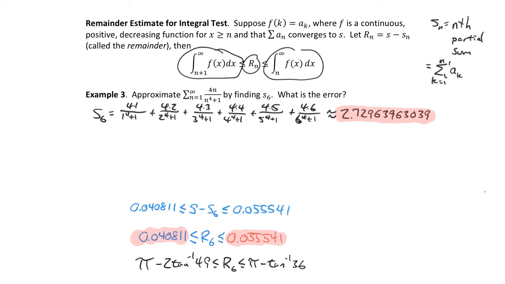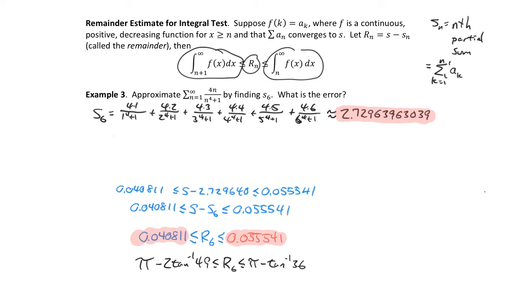First, let's represent what R6 is. R6 is the difference between the true value that we do not know and the partial sum that we calculated. Well, let's replace S6 with what we had for the approximation. So now we have S, our true value, minus the approximation. I rounded it so we have the matching number of decimal places.